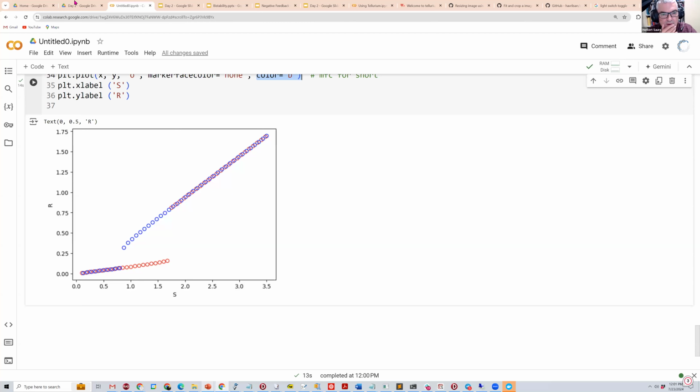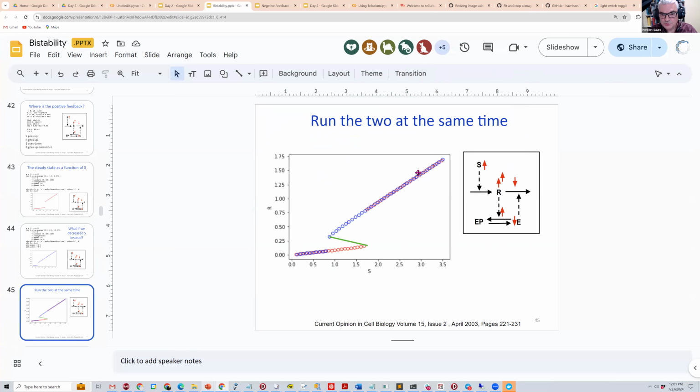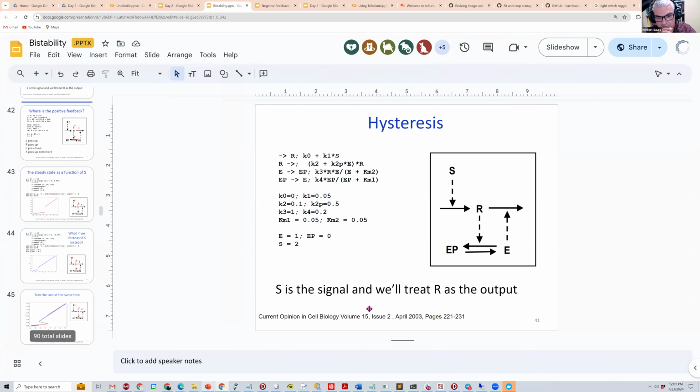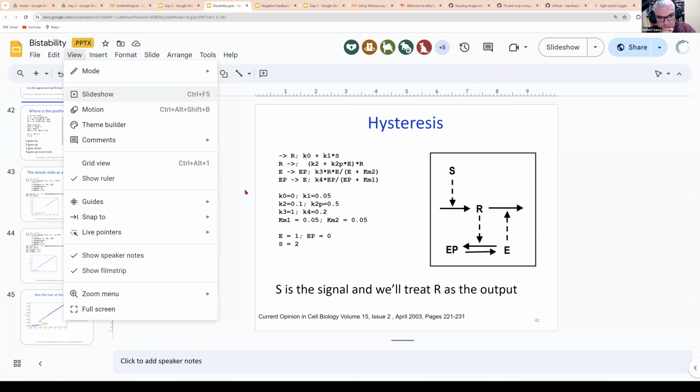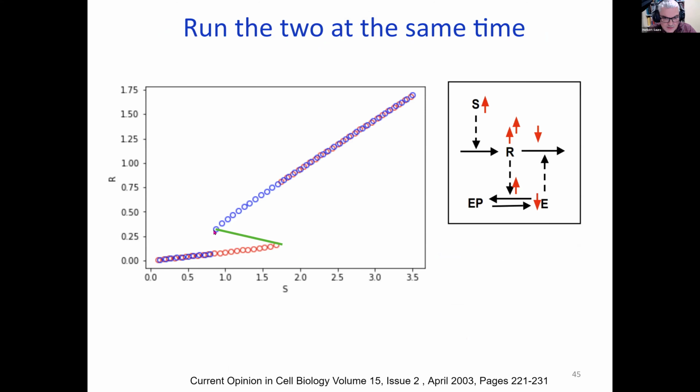All right. And let me go back to the slide, and I can show you this. I've combined the two, like this. There is an invisible line. Hold on, view, slideshow, here you go. There is actually an invisible set of dots in the middle here. They don't show up because those middle dots are unstable. Now I could write a script to grab those middle dots and plot them.